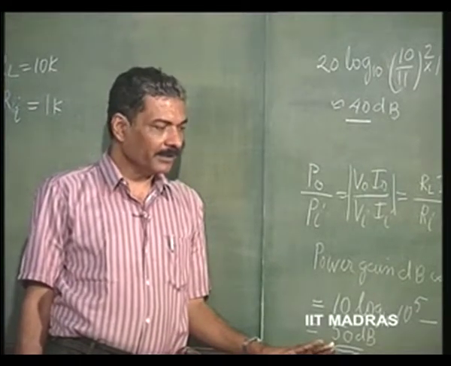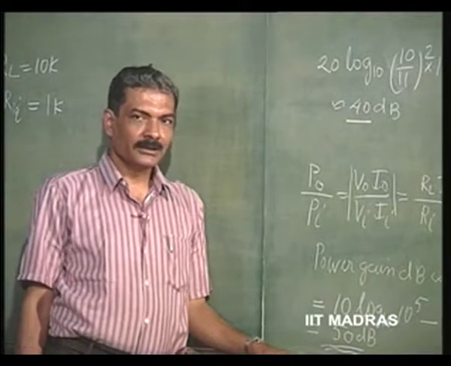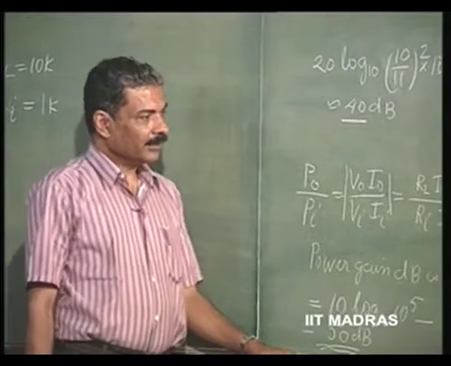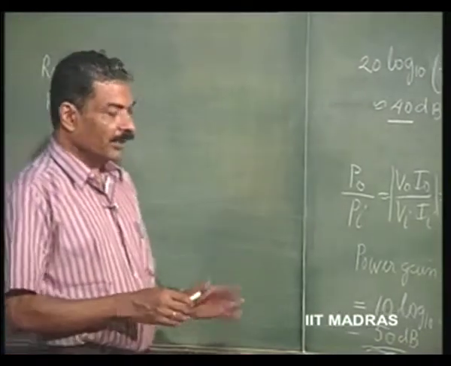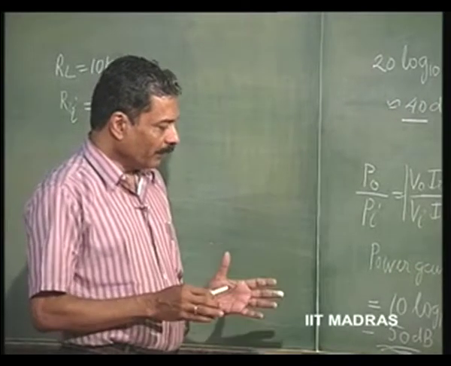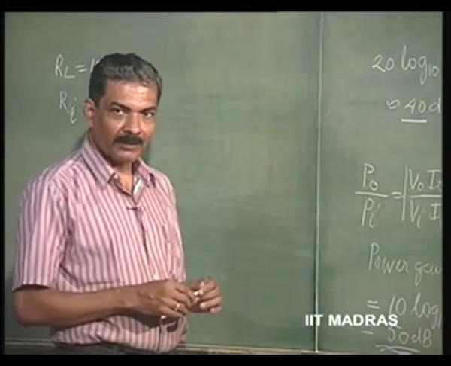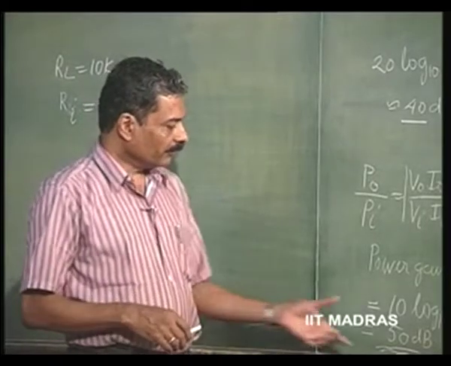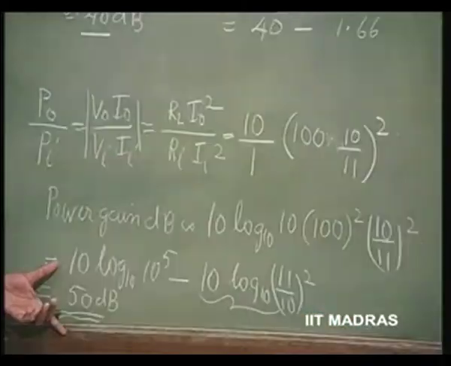For any amplifier, we should be able to evaluate this in terms of decibels normally, so that we know the performance of our amplifier, whether we need one amplifier to fulfill our requirement or two amplifiers. That can be readily found out from how many decibels is your requirement in terms of amplification.